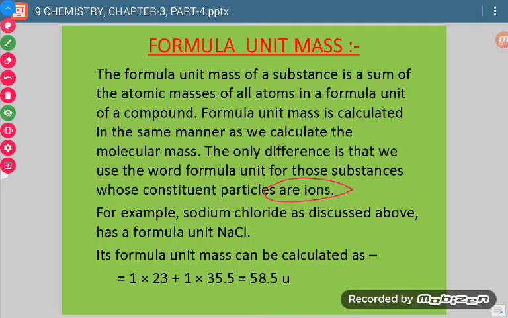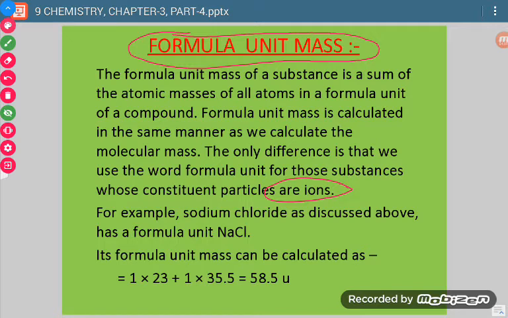So we will use the word formula unit mass for this, and we will not say molecule. Okay, why? Because this compound is made up of ions. So you have to remember that if a particular compound is made up by the combination of ions, then we have to use the word formula mass, not molecular mass. Okay, and the calculation is the same.